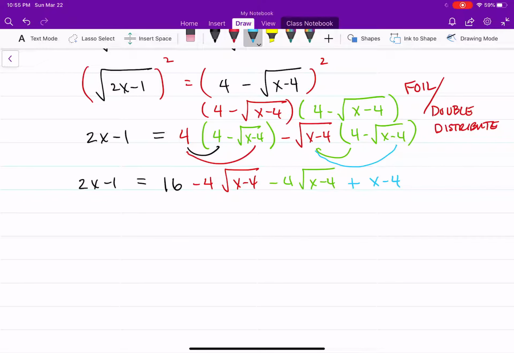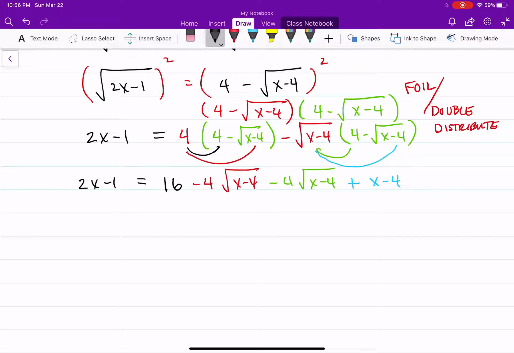So what I really have is negative times negative, which is positive. I got the square root of x minus 4 times the square root of x minus 4. So essentially it's square root of x minus 4 squared, right? So that's why the radical will kind of go away. I'm left with just the x minus 4.